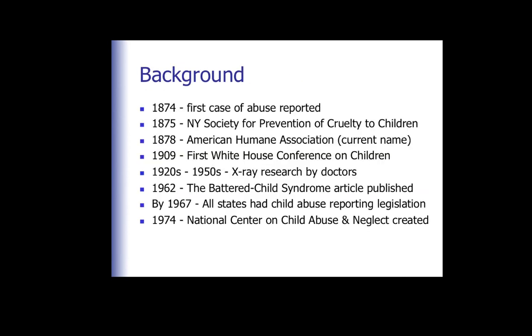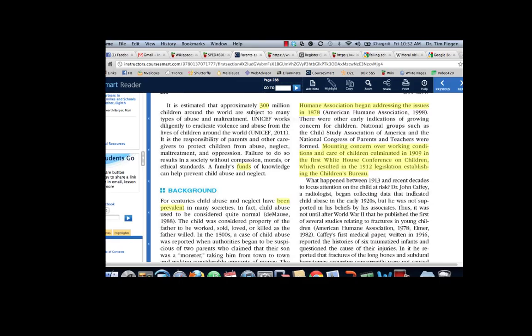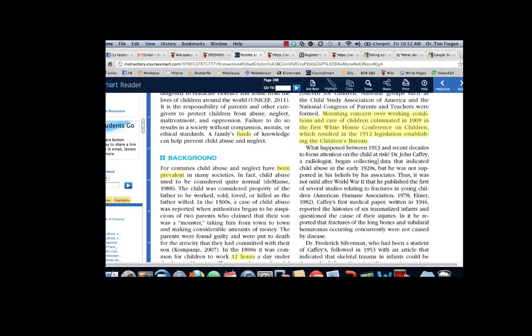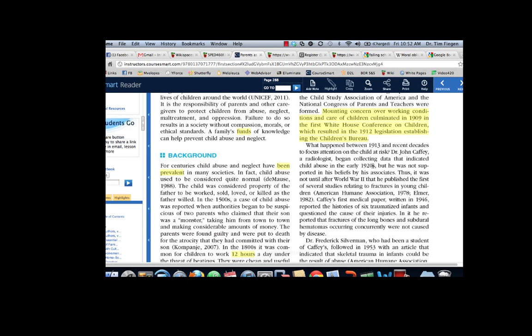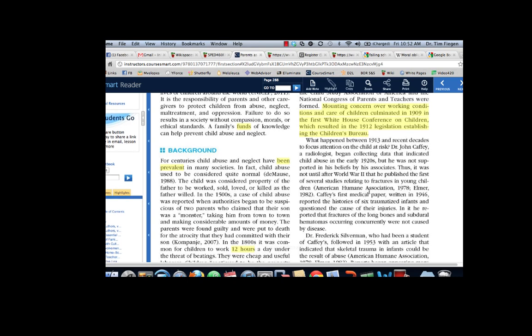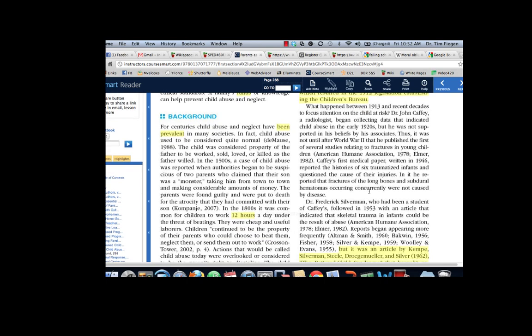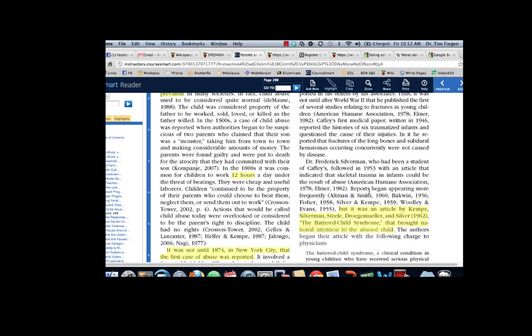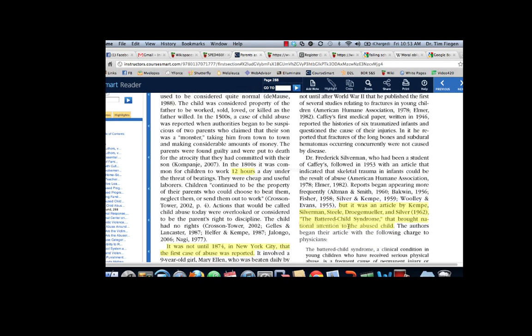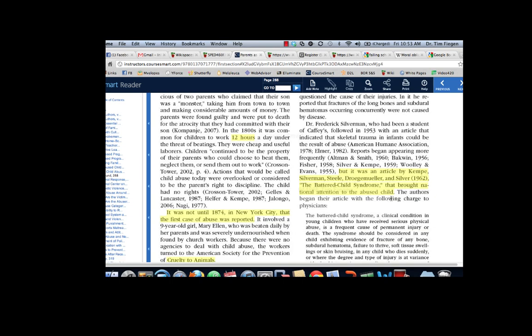And let me jump back to the textbook here. So then here's Dr. Caffey. He was the one that worked first with broken bones and being able to x-ray. And then here it goes. It was an article by Kempe, Silverman, and Steele in 1962, on battered child syndrome, that brought national attention to the abused child.